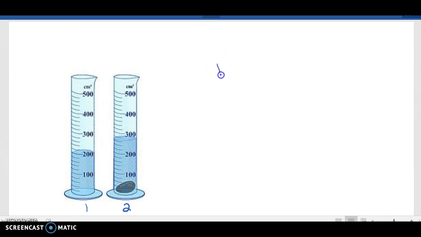So we take the volume of the cylinder with just the liquid, and then we slide the object in and take the volume with the object in it, take the difference, and get how many milliliters of water have been pushed out of place. Then what we need to do is find the equivalent in cubic centimeters.